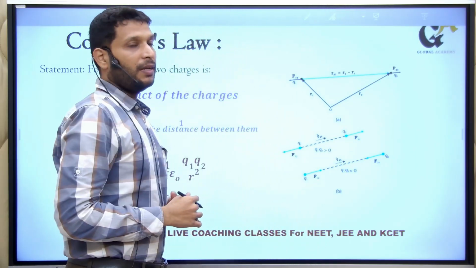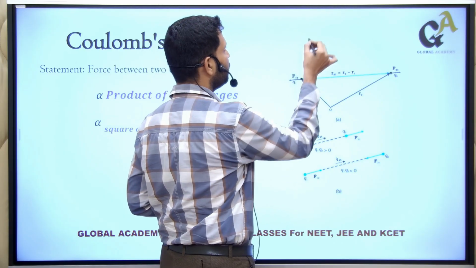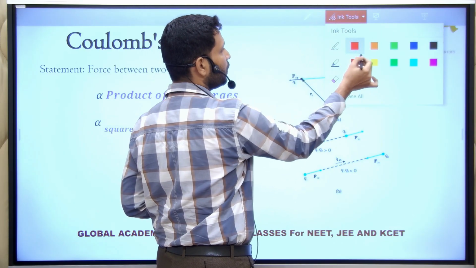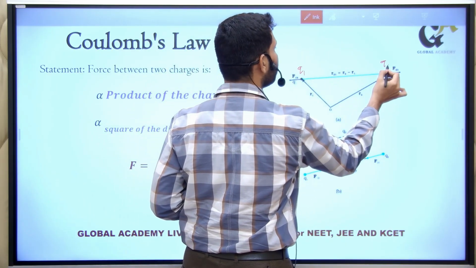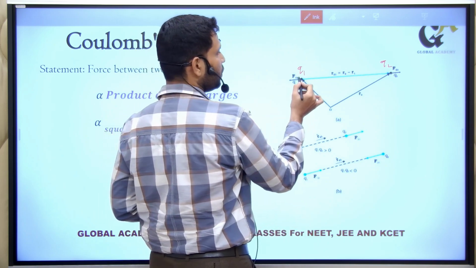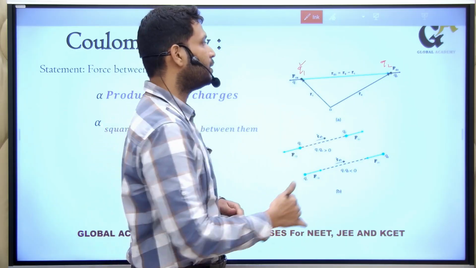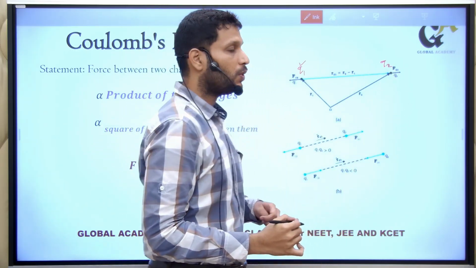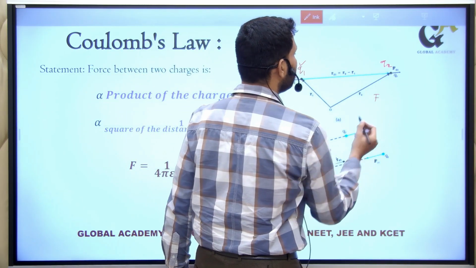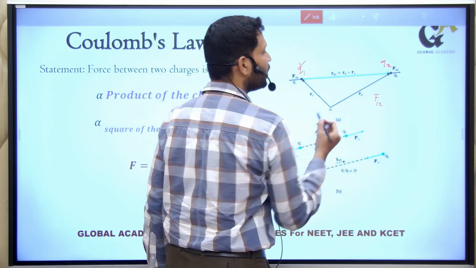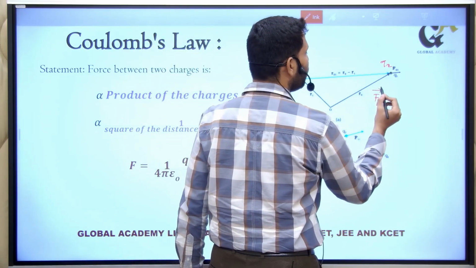Here, when you are considering the two charges Q1 and Q2, suppose you want to find the force on the first charge due to the second charge Q2, how will we represent it? We will represent the force on the first charge due to the second charge in this format. This is the standard Newton's format.